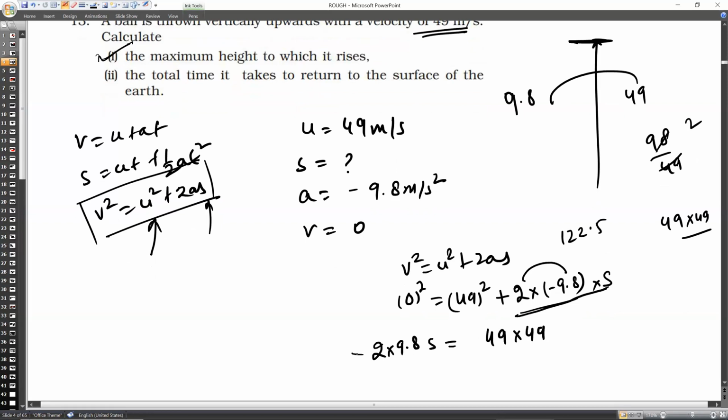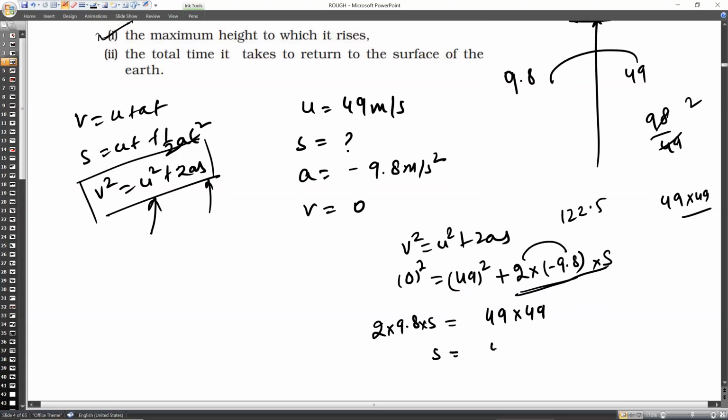So I don't write minus here. S will remain as it is, and this will be 49 into 49 upon 2 into 9.8. So the decimals will be eliminated.